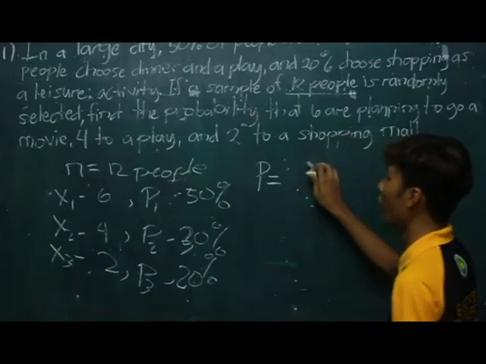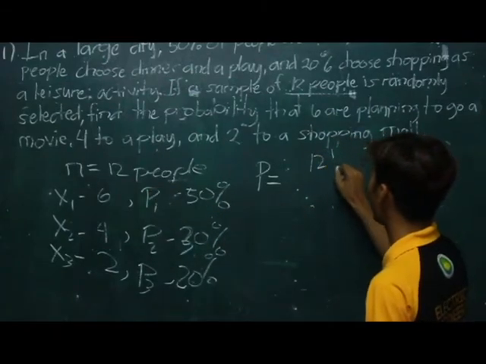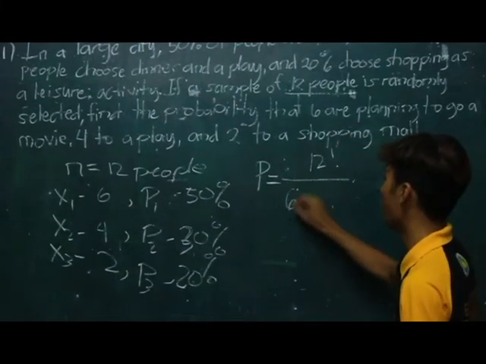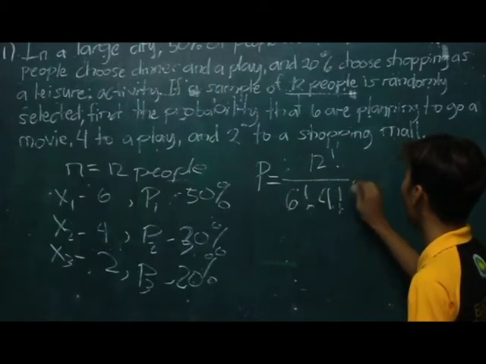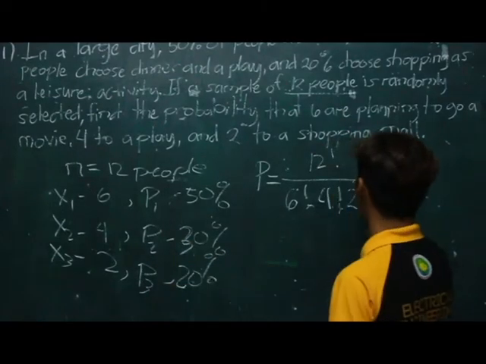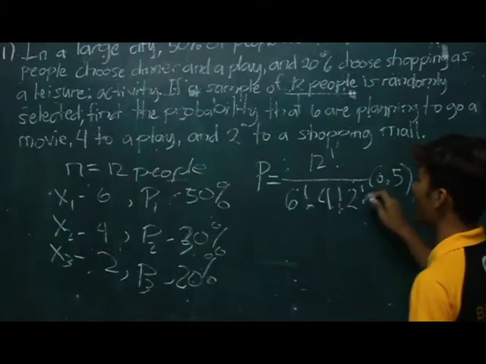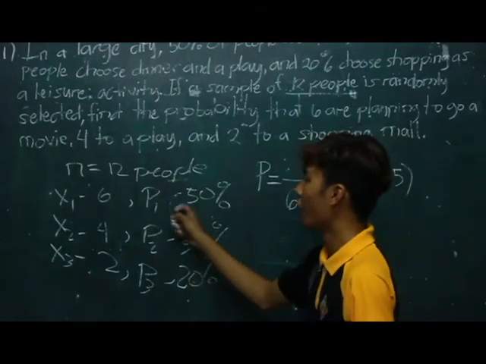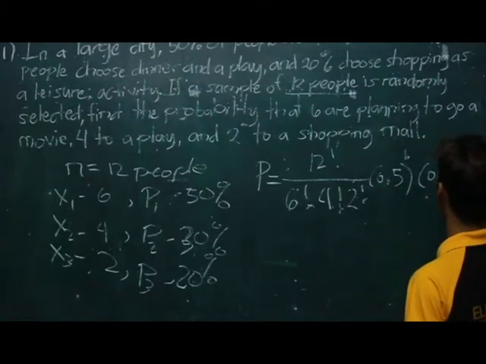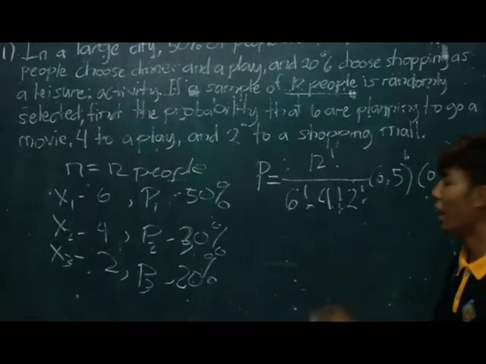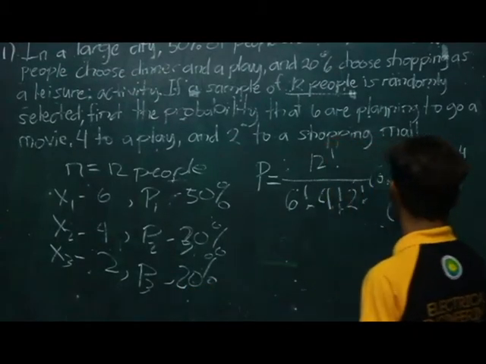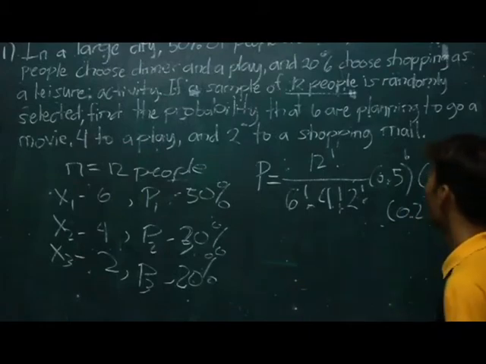P is equal to n factorial, where n factorial is 12 factorial, divided by x1 factorial, x2 factorial, and x3 factorial, so 6 factorial, 4 factorial, and 2 factorial, times our probabilities p1, p2, and p3: 0.5 raised to x1, which is 6, times 0.3 raised to 4, times 0.2 raised to 2.